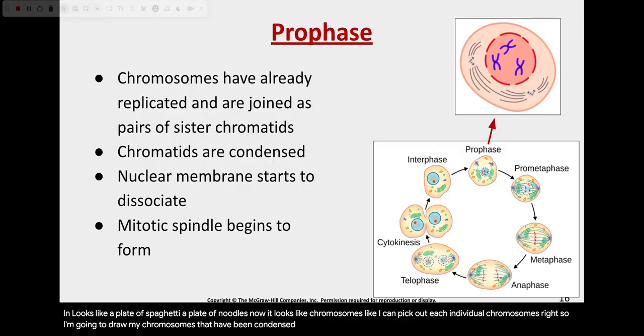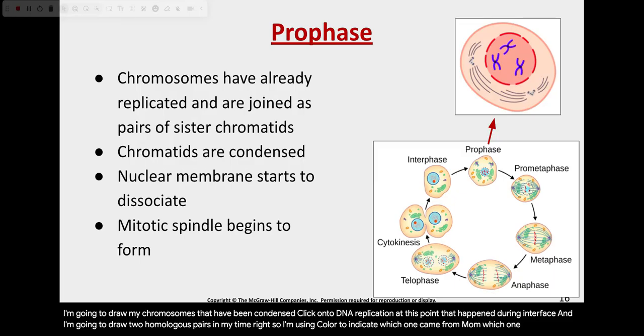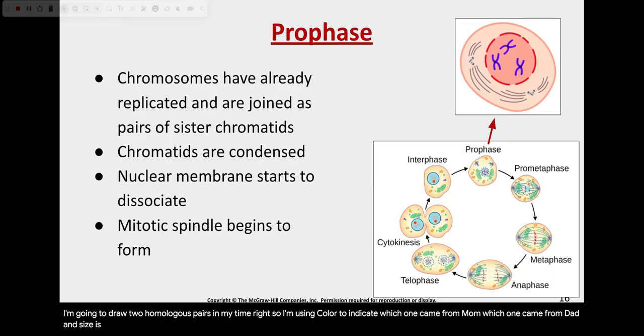Now I'm going to draw them as X's because I know they've gone through DNA replication at this point. That happened during interphase. And I'm going to draw two homologous pairs in my drawing. So I'm using color to indicate which one came from mom, which one came from dad. And size is indicating homologous chromosomes. So these small ones are homologous to each other, and the big ones are homologous to each other.